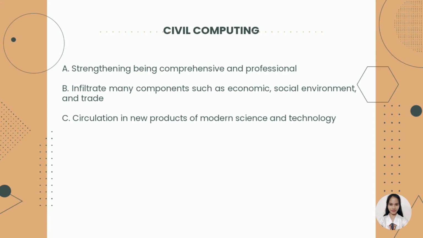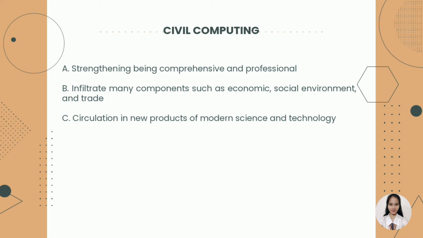So in civil computing, it is thus threatening being incomprehensive and professional. So the creation of specific and interrelated irregularities extend from an construal of the objective world to the renovation of the objective world.